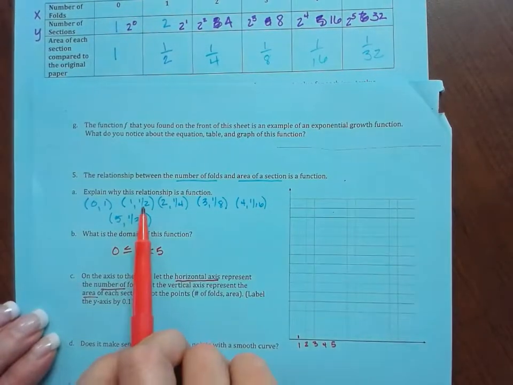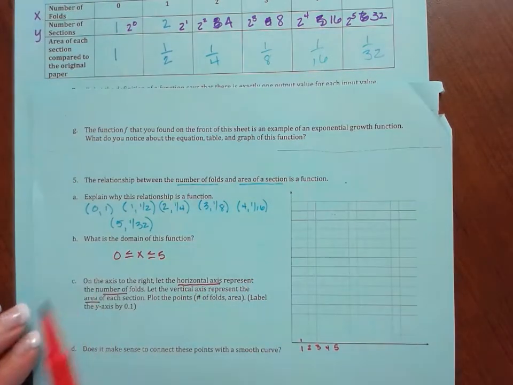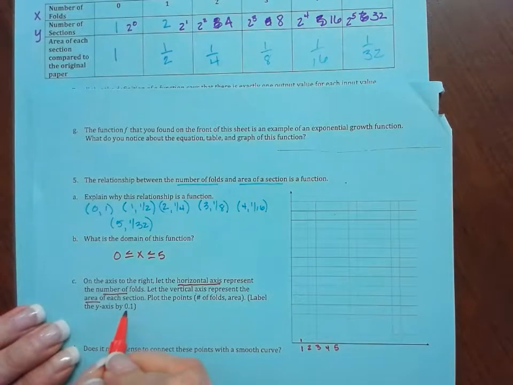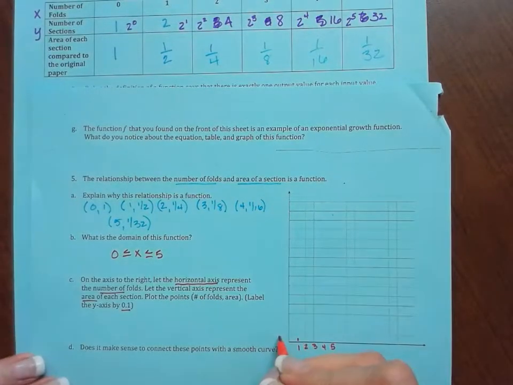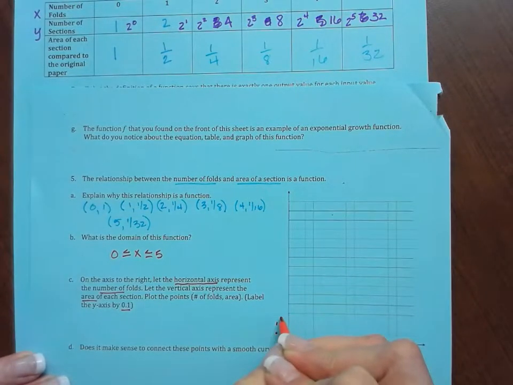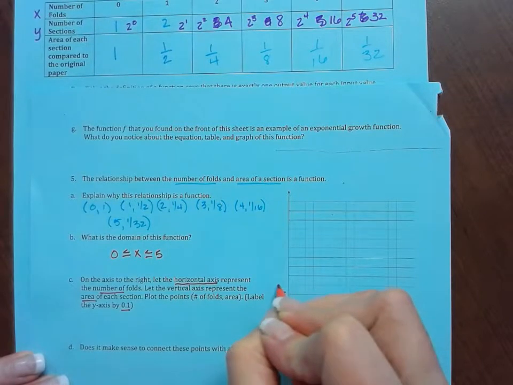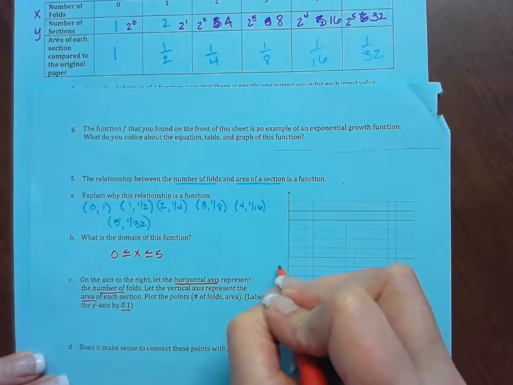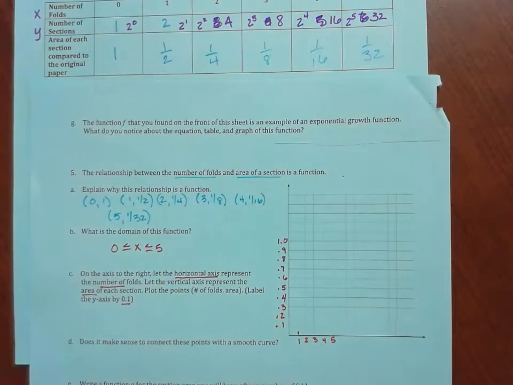Since we have everything in fraction numbers, we're going to label our y-axis by 0.1, because that's going to get us under 1. So this would be 0.1, 0.2, 0.3, 0.4, 0.5, 0.6, 0.7, 0.8, 0.9, and 1.0.